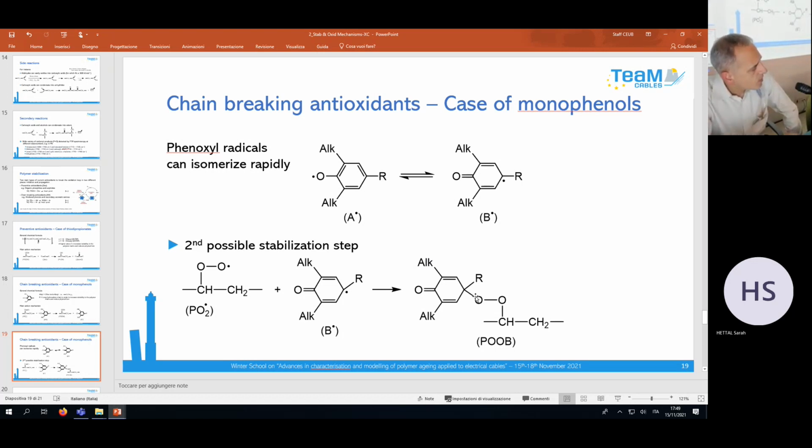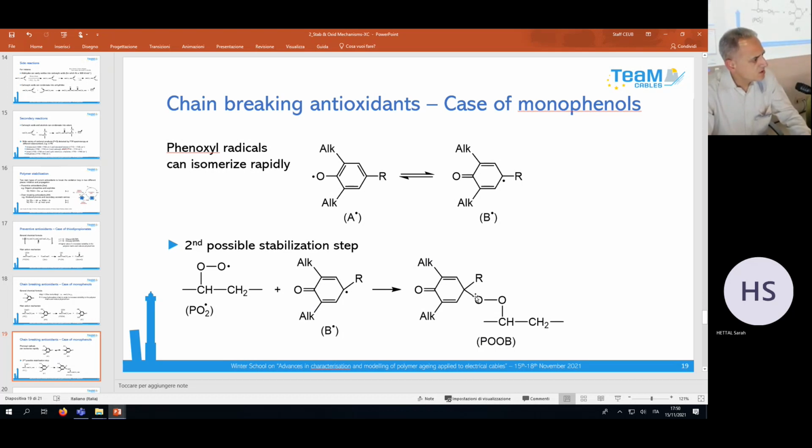But so the yield of the reaction is quite important in that case? I don't know in that case, because in fact it is in competition with evaporation. But if you consider not a monophenol but a tetraphenol, for instance Irganox 1010, in this case you have 4 phenols, so the probability to graft the 1010 is very important.